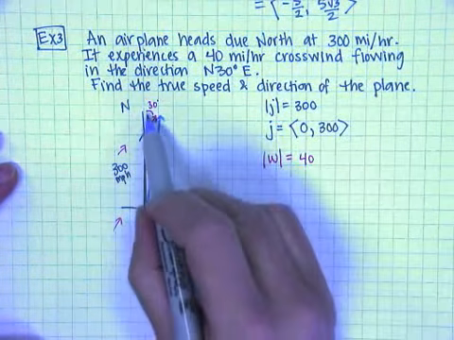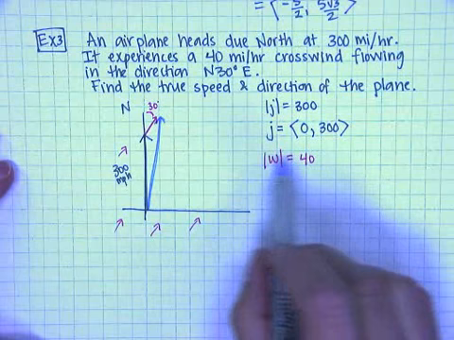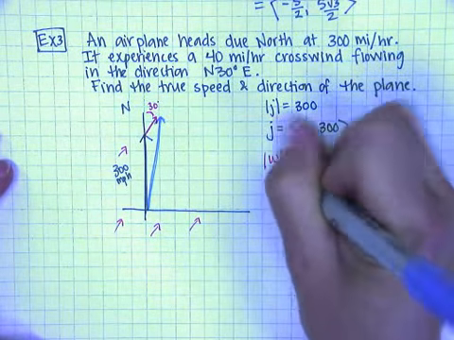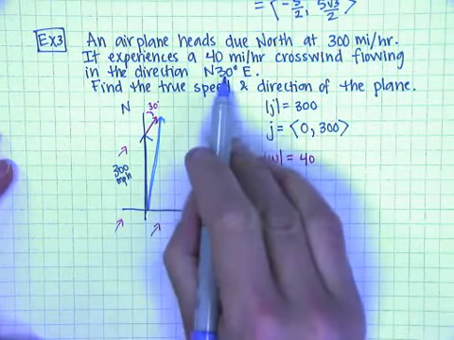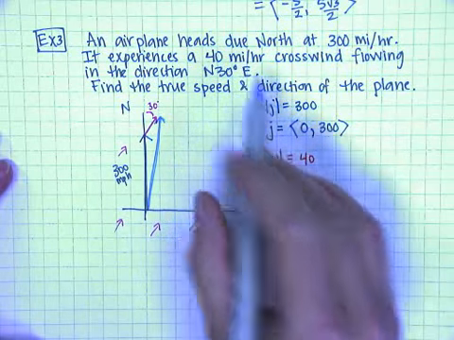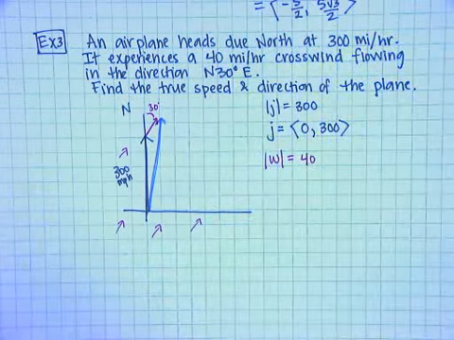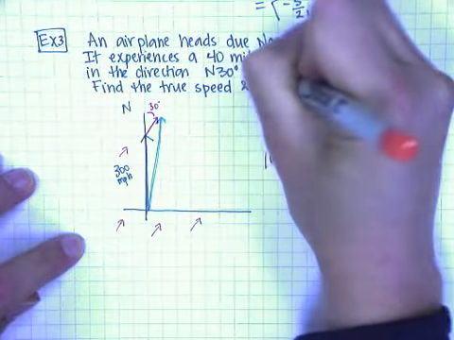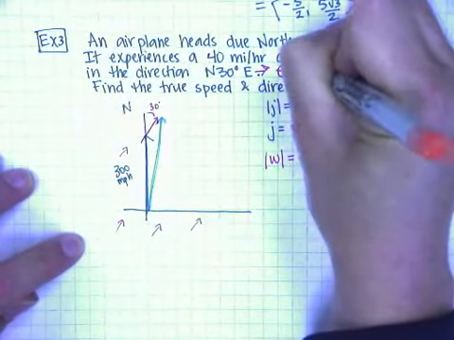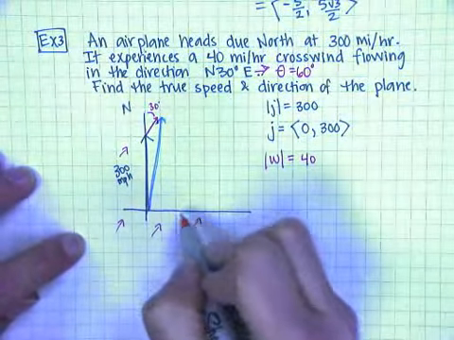So to find that, first I need to write the wind vector in component form. So let's see, if it's bumped off by 30 degrees north 30 degrees east, that means the actual angle that we're going to use for this guy is theta equals 60 degrees, because we have to measure from the x-axis.